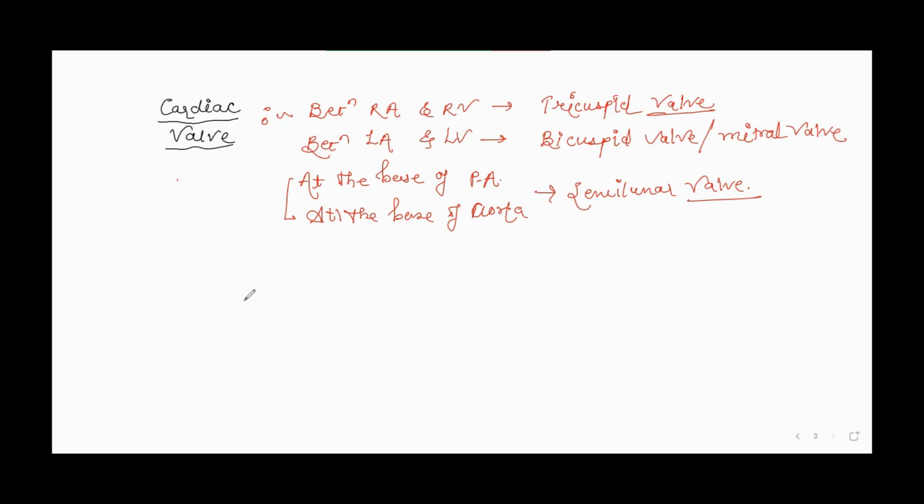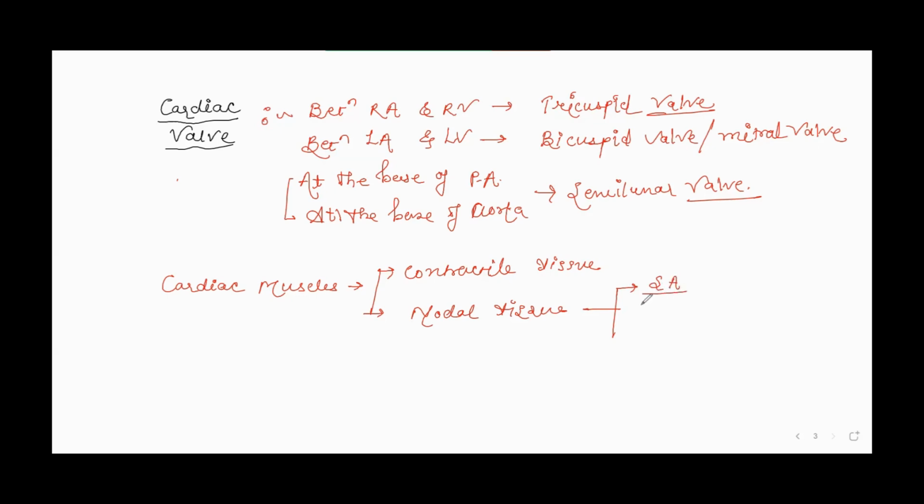Now, let's observe the cardiac muscles. Here there is the presence of contractile tissue and the presence of nodal tissue, right? In the nodal tissue, there is the SA node.